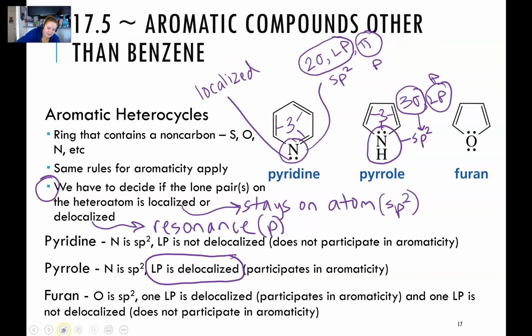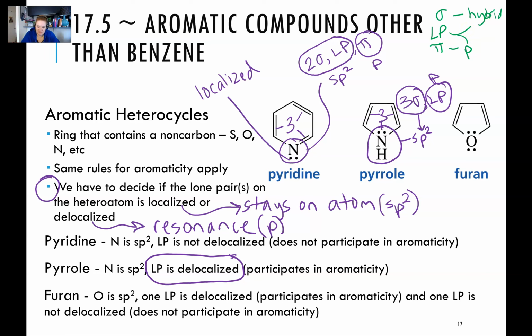So kind of to make a generalization about this, sigma bonds are always going to be in hybrid orbitals. Pi bonds are always going to be in unhybrid, or we could really just say in p orbitals. And then lone pairs can go either way depending on what's available and what will make something more stable.